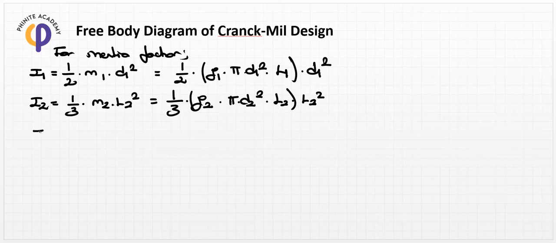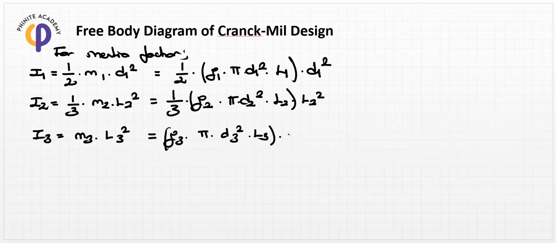Okay, and so I3 is given by M3 L3 square. A point-mass assumption can be used in here, and so rho 3 times pi times d3 square times L3 is the mass factor in here, and so L3 square should be added at the end of this equation.